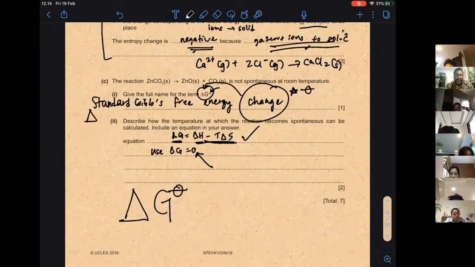Then you calculate using the enthalpy change, the entropy of the system, and the temperature. You can calculate the temperature when this is 0. This entire 2 marks question is based on that. So you need to mention: calculate the temperature when the Gibbs free energy change is 0.